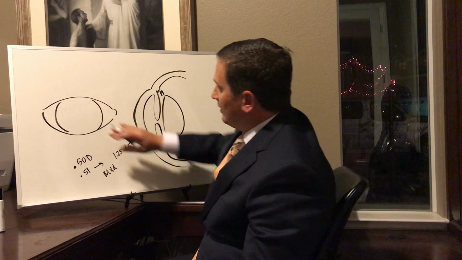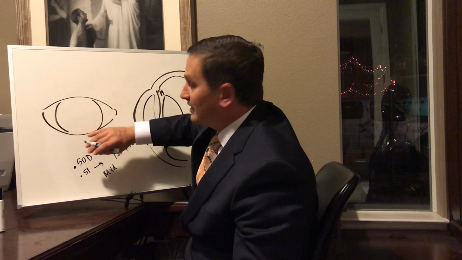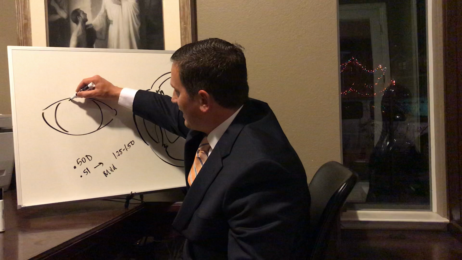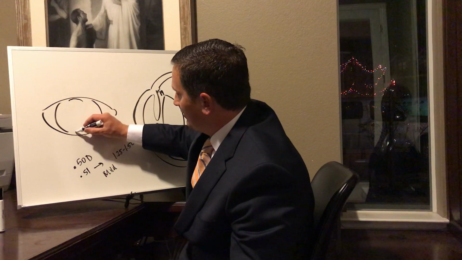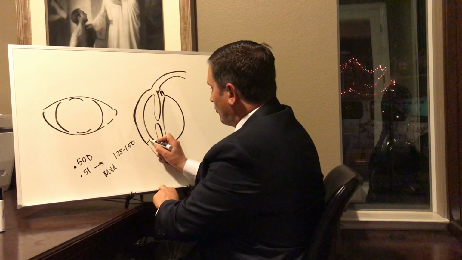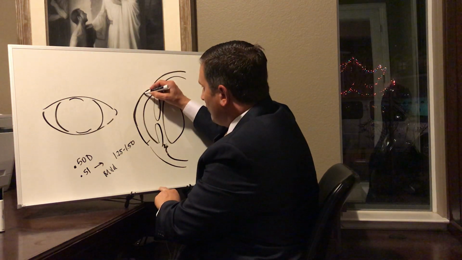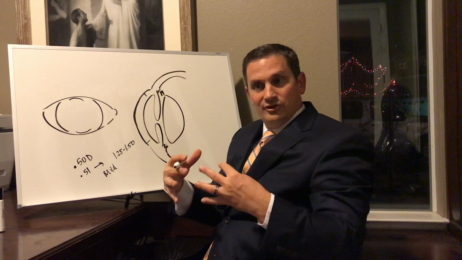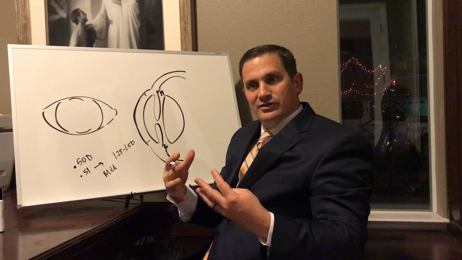So if your cornea is steepest in this meridian, what I can do is take a diamond knife and make a precision semi-thickness cut in the cornea. And that allows the cornea to relax and assume a more circular form and give you better vision.